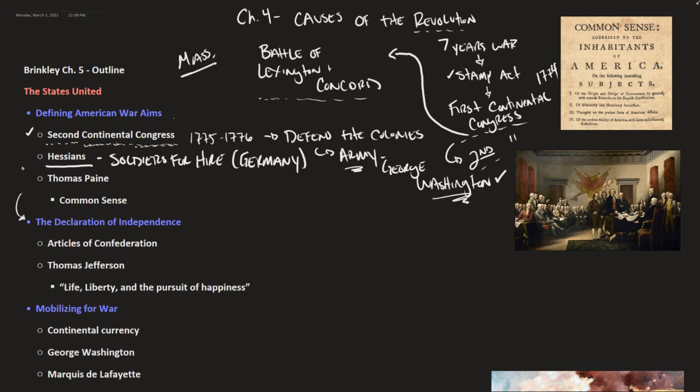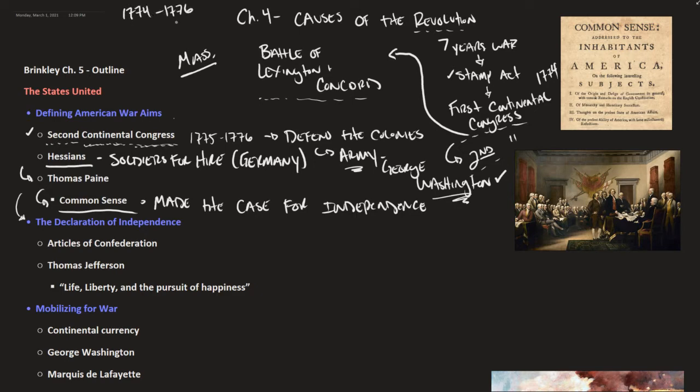At the same time, Thomas Paine wrote Common Sense. Common Sense made the case for independence. Especially in these very early years, right? If we take just 1774 to 1776, you have two things going on.